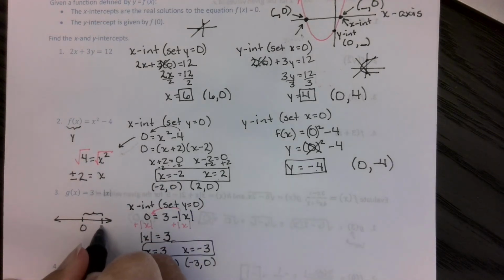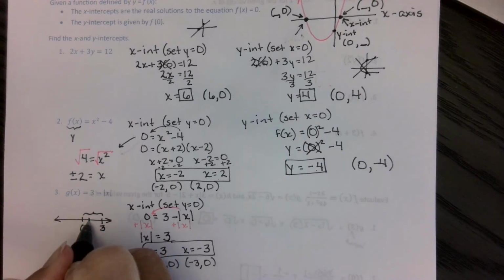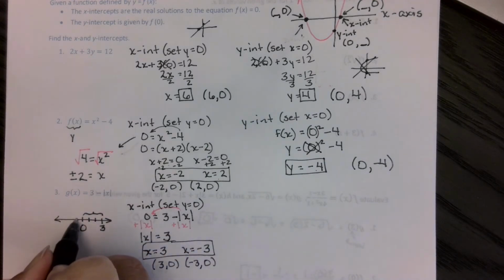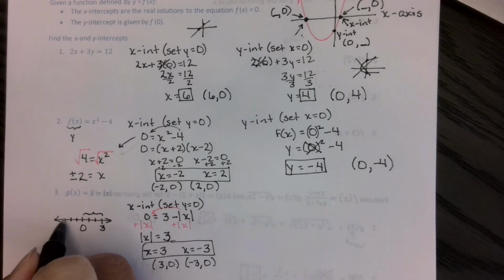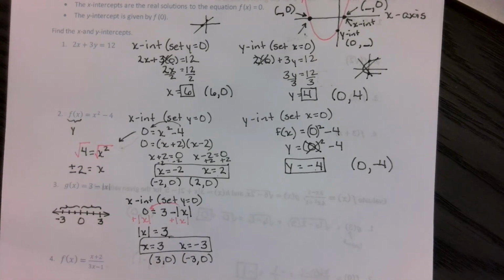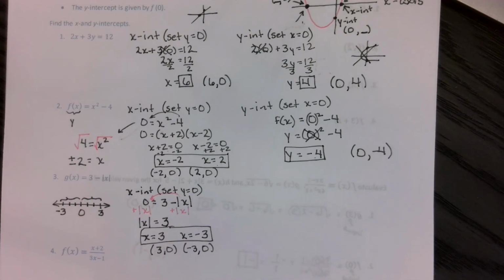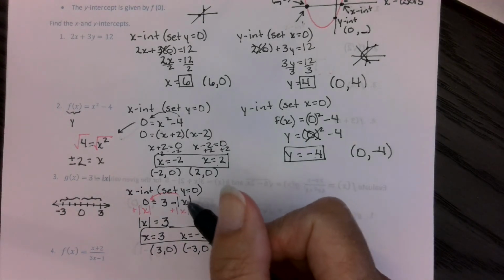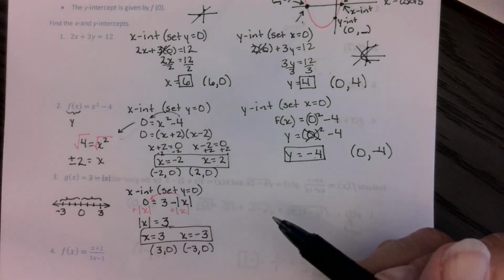Well, that would put you at a positive 3. Well, you also have a number 3 units to the left, which is at a negative 3. That's why when you're solving absolute value symbols, you set it to the positive and negative. But in order to do that, you have to isolate or get the absolute value by itself.